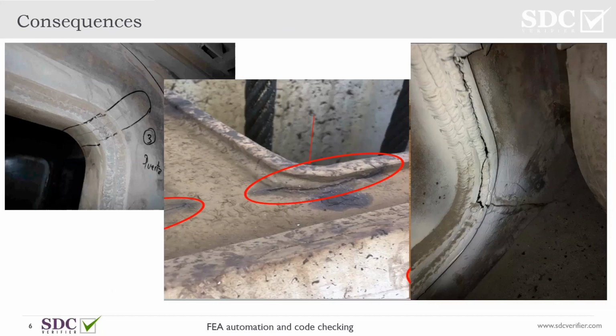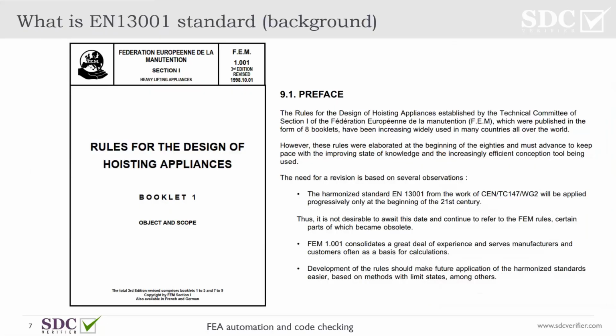They continue to propagate, ending up with big cracks that no longer allow us to continue the working conditions. So to avoid these problems and make the calculation approach more accurate, the need for revision of FEM 1.001 occurred, especially to make it more harmonized, as is directly mentioned in the FEM standard itself.